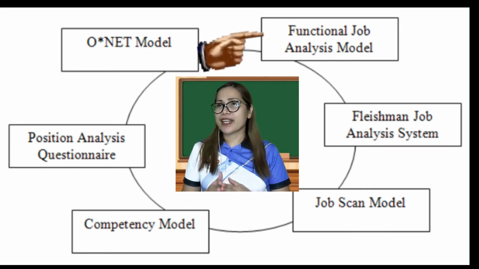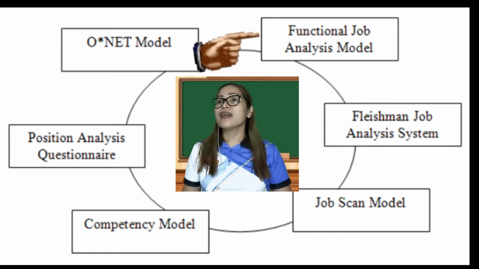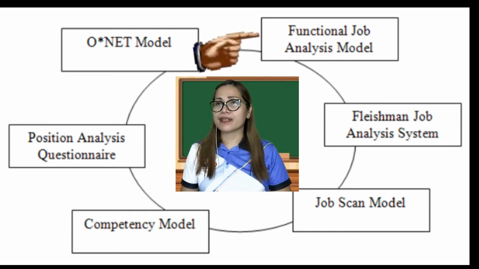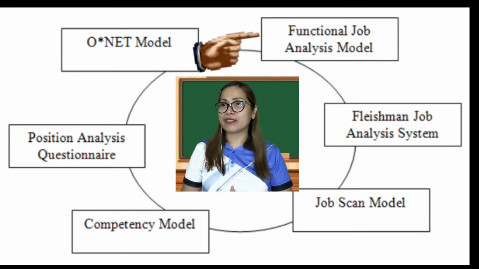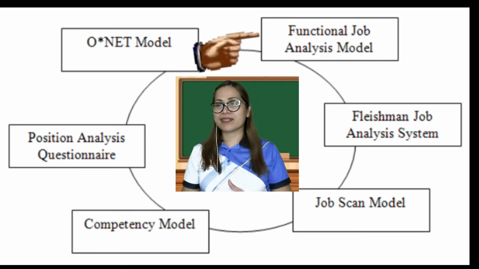FJA stands for Functional Job Analysis and helps in collecting and recording job-related data to a deeper extent. It is used to develop task-related statements, developed by Finn and his colleagues.